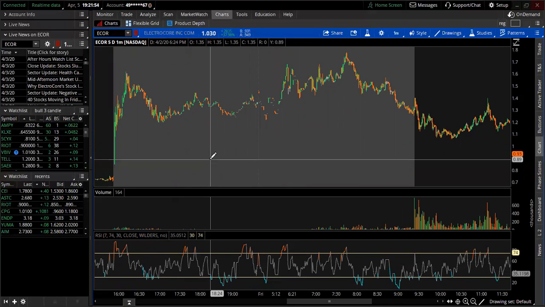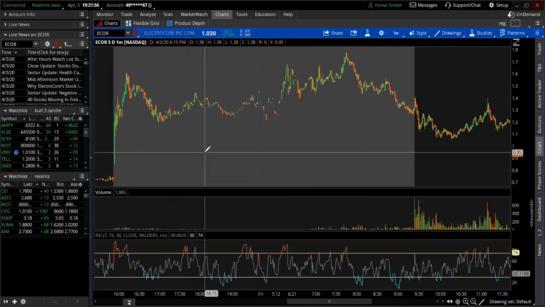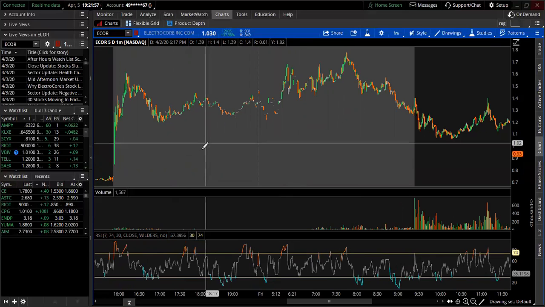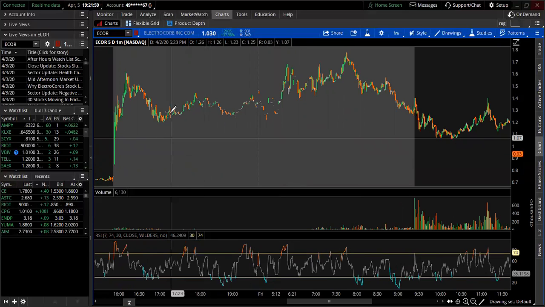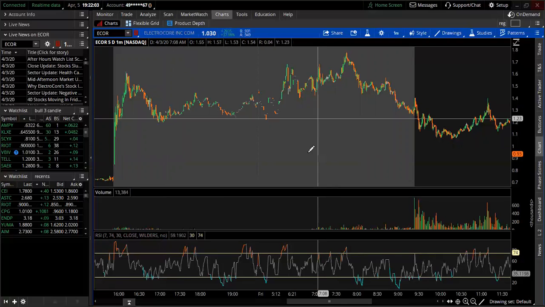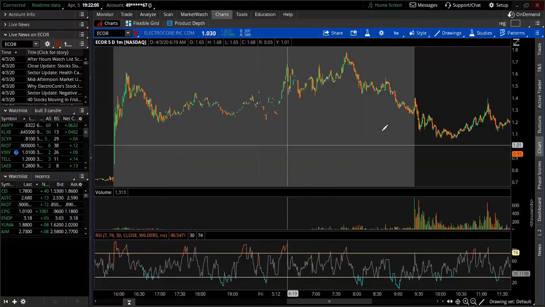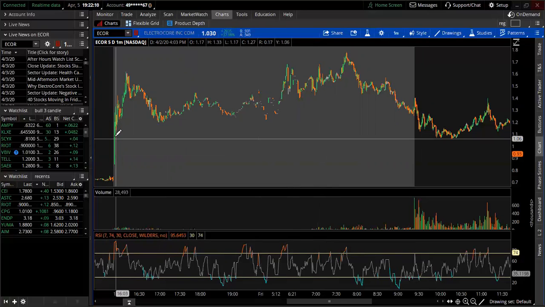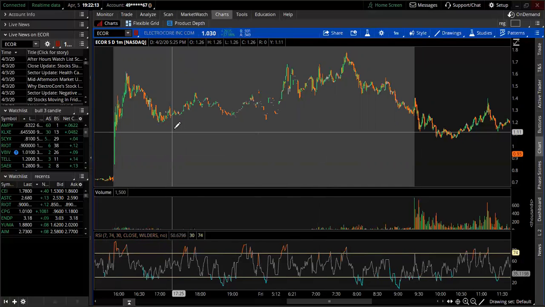One quick thing I'll jump into: trying to identify support using the aftermarket and pre-market data. Looking back in hindsight, you can see here that ECOR had some price action.